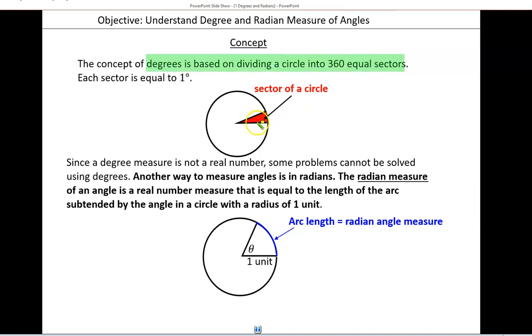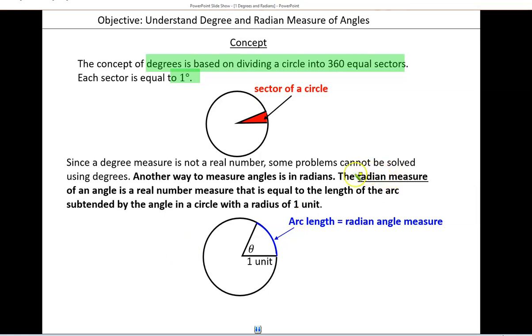And the sector is like a little piece of pie or a little piece of pizza. So if we create 360 of those going around our circle, each one of them is 1 degree, giving us a total of 360 degrees. So it's kind of a geometrically created measurement, and it doesn't work for all mathematical calculations.